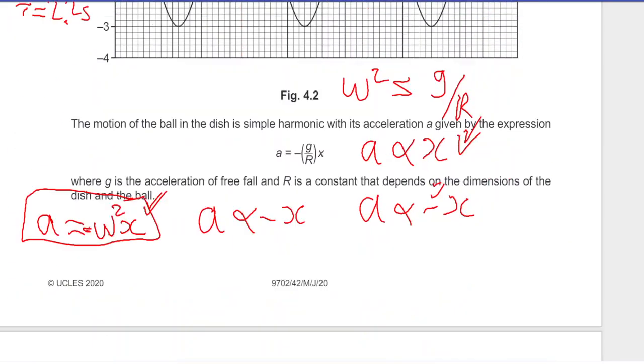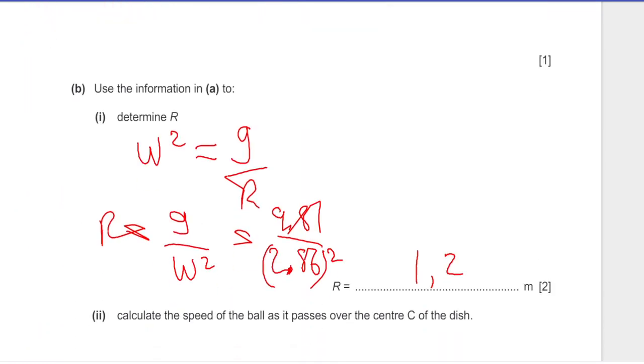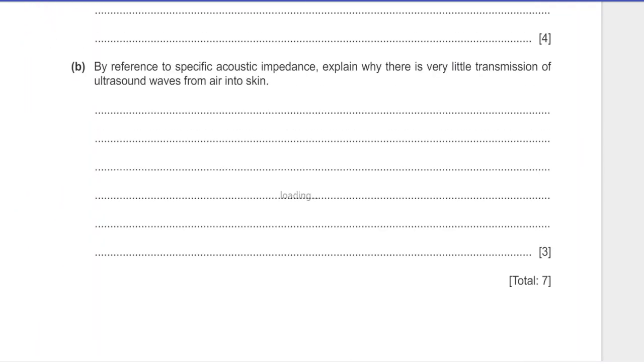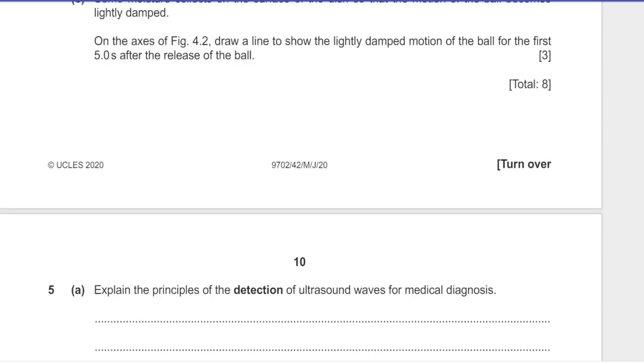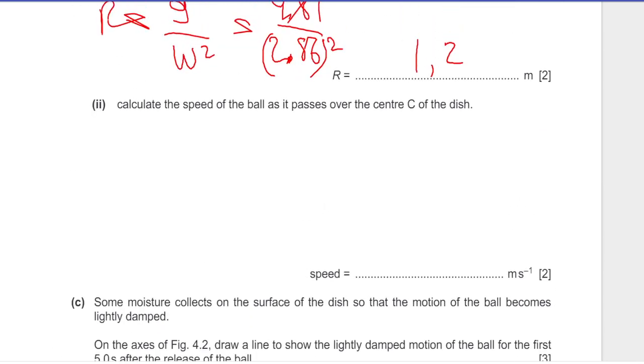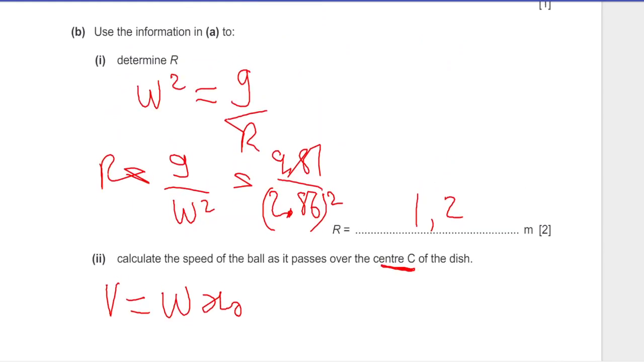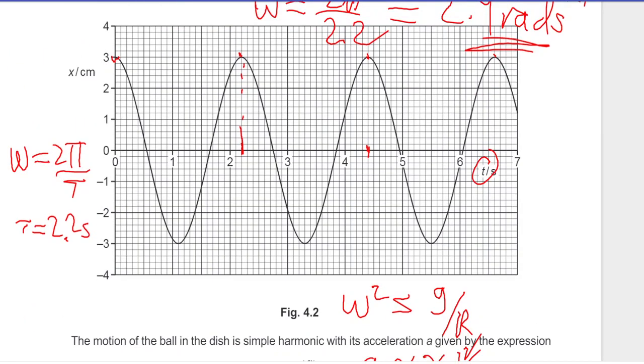So back to where the question is, our V should equal, so it says calculate the speed as it passes over the center. Over the center, the speed will be maximum, which is equal to omega x naught. Some say omega A, capital letter A, which is also fine. Now, according to this question, you're told that the amplitude of the oscillation from the graph there is 3 centimeters, which is 3 times 10 to the power of minus 2 meters.